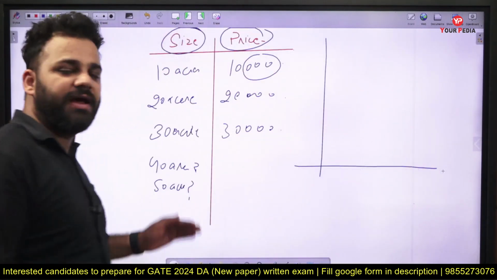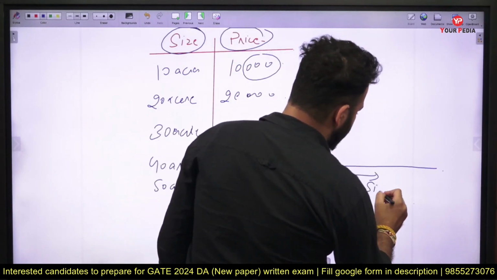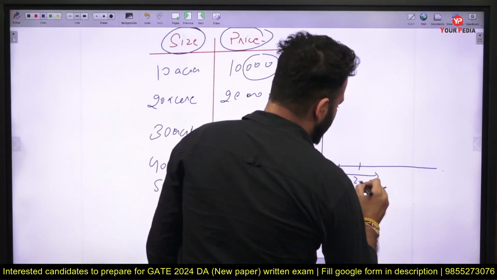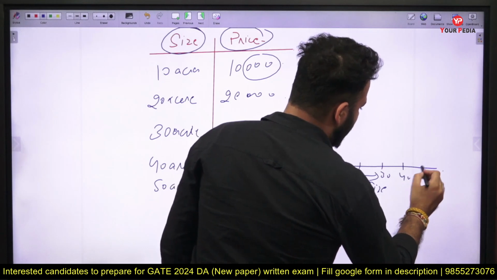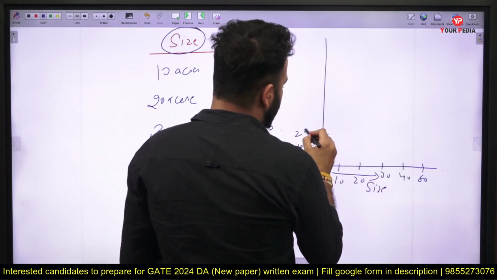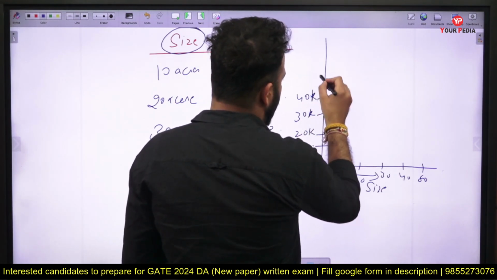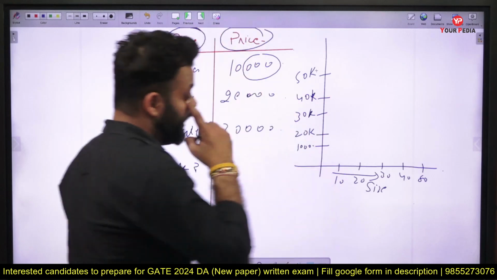Now it will create a graph for it. Here we have size 10, 20, 30, 40, 50, and here we have the prices 10,000, 20k, 30k, 40k and 50k.